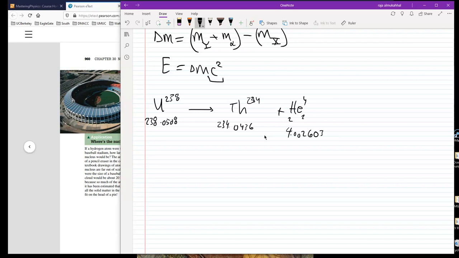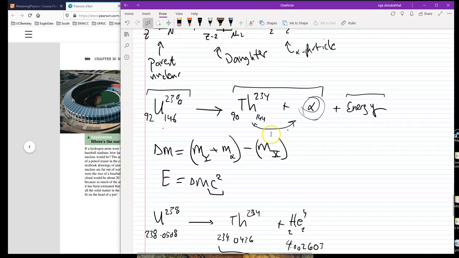Okay, and then all you need to do is get delta M. So here the parent is 238.0508, and the sum here, if you add them up together, you will get 238.0462. Then you take the difference between them, by using that formula right there.